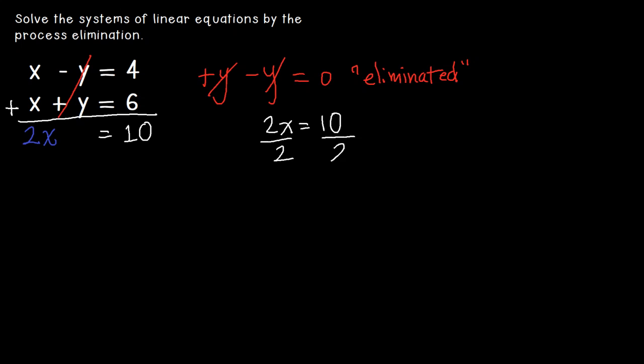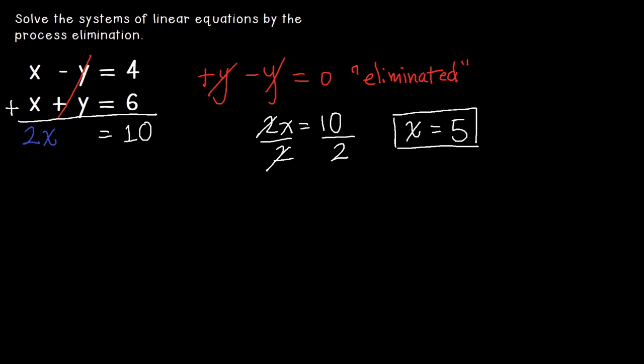So divided by 2 here and divided by 2 on the other side. We have 2 and 2, so we divide these two and they become 1. Anything divided by itself equals 1. So we are left with x is equal to 10 divided by 2, which is equal to 5. So that is my first answer, that x is equal to 5.